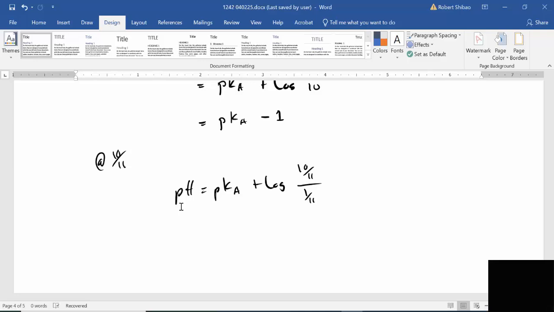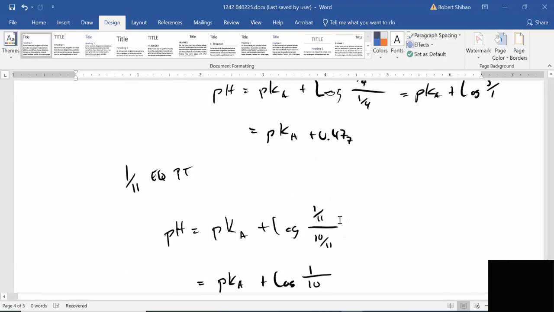That means there's only 1/11th left over. We can cancel out the 11ths and we'll get pKa plus the log of 10 to 1. So it's 10 parts base, 1 part acid. When we have 10 parts base, 1 part acid, then the pH is equal to pKa plus 1. And so it's just 5.74.